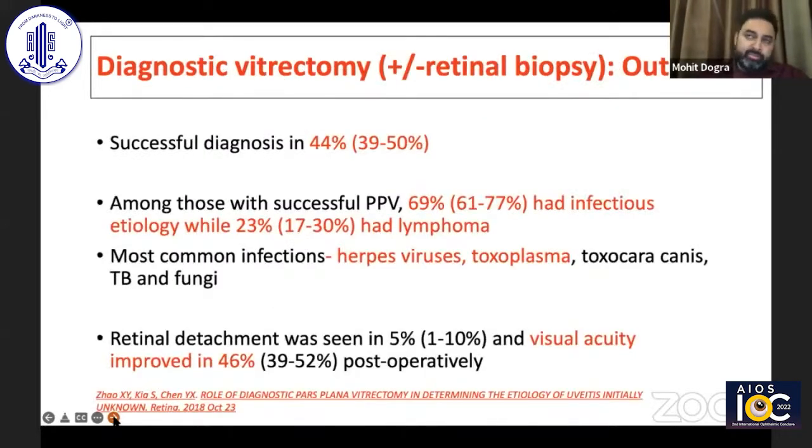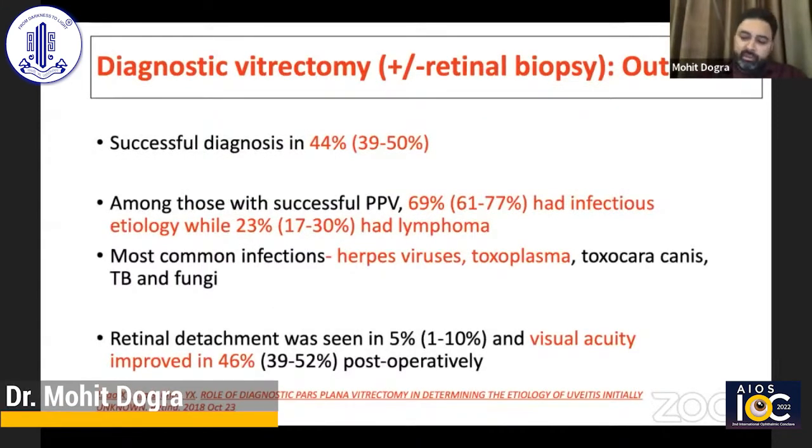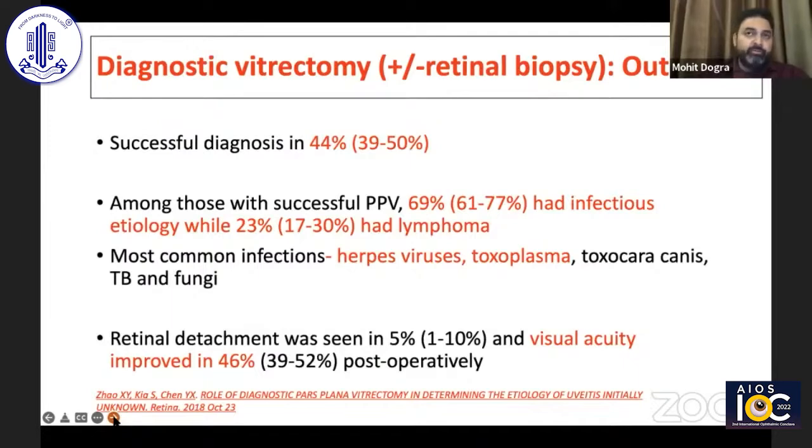So, there is some data on this. I'm not going to go too much into data, but just quote this one paper, 2018. They did a review of all the published data on diagnostic vitrectomy for uveitis, which included some patients in some series which had retinal biopsy and some which didn't.